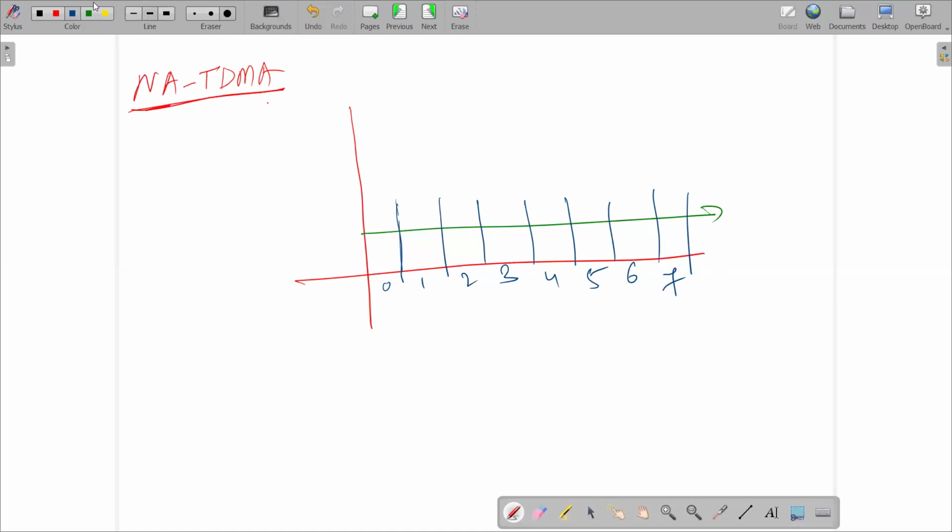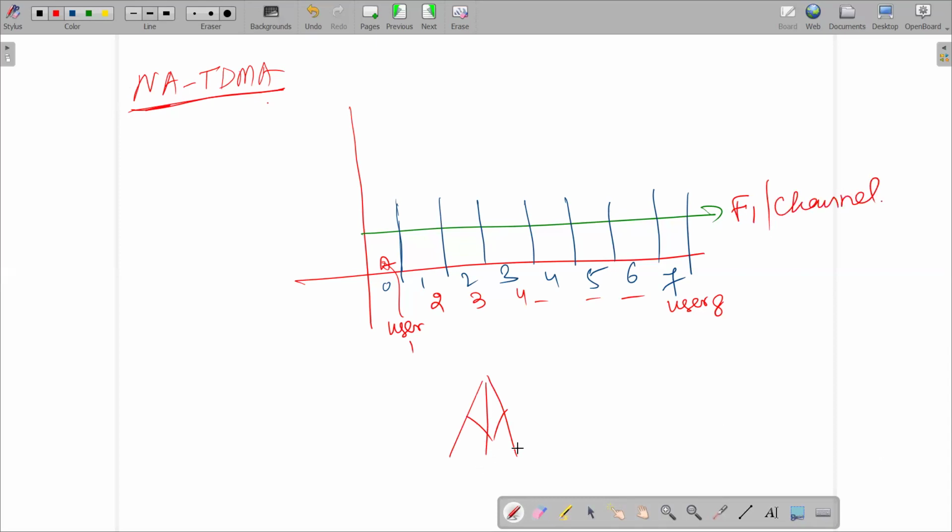In FDMA there is one frequency and one user, but here the slots are given to user 1, user 2, user 3, user 4, up to user 8 on the same frequency. Now we are able to allocate a channel to 8 people, with one frequency, one channel.